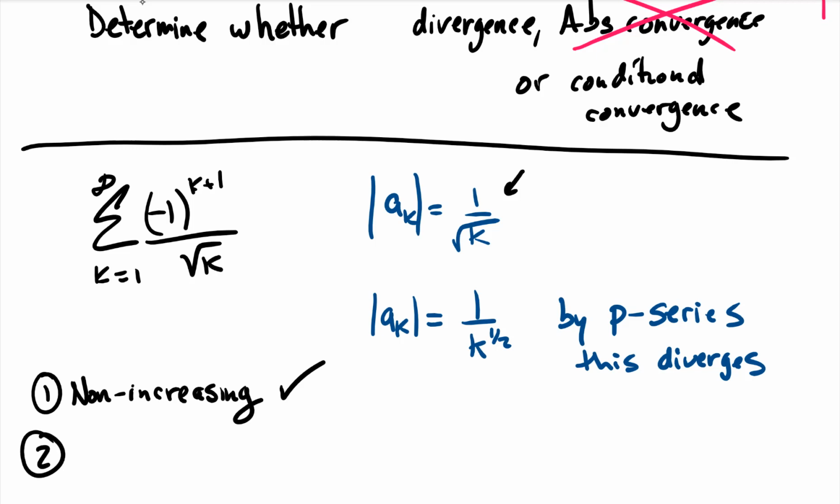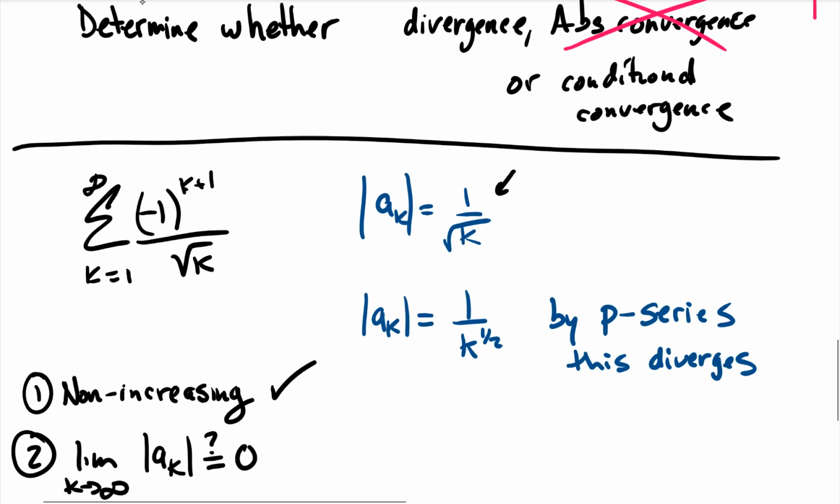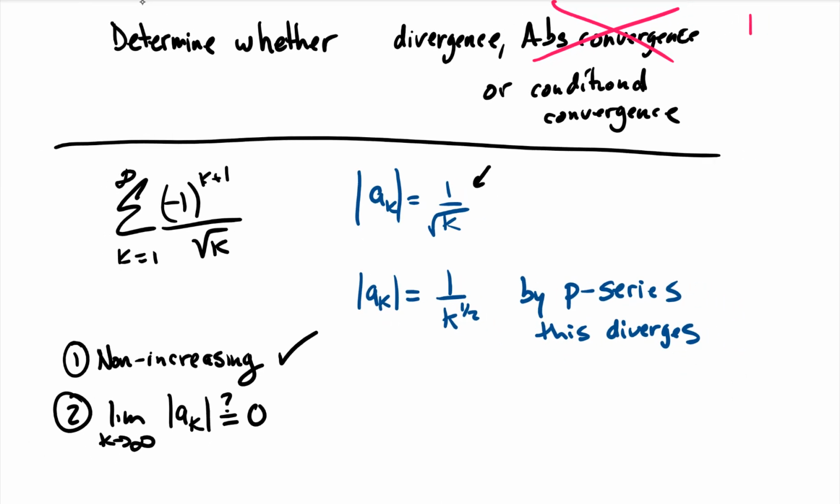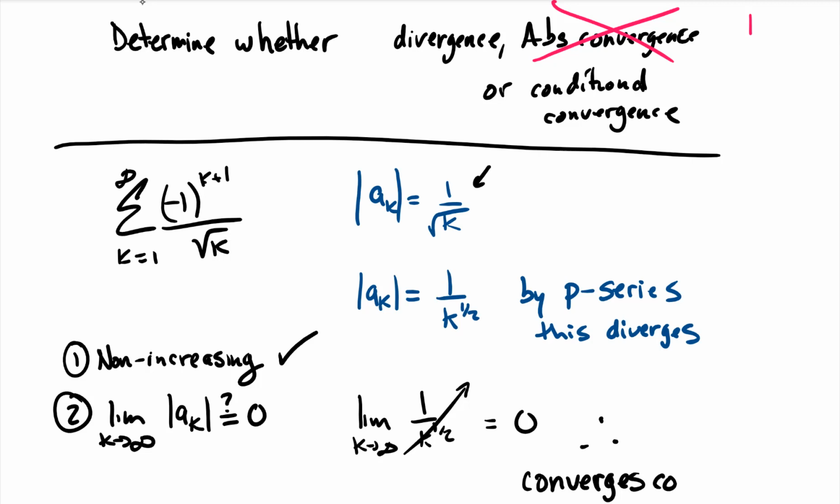And now we want to know, does the limit as k goes to infinity of the absolute value of a sub k equal 0? And if so, we will say that it converges conditionally. So we take the limit as k goes to infinity of 1 over k to the 1/2 power. That didn't take too much work. That goes to 0. Oh, therefore, this converges conditionally.